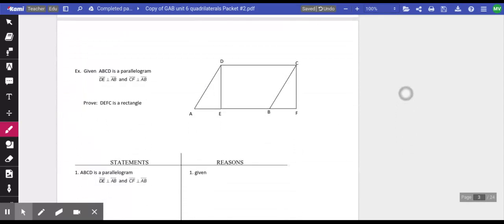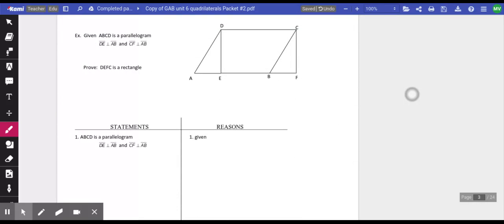So number 2, our next example, says that we know ABCD is a parallelogram, and we know DE is perpendicular to AB, and CF is perpendicular to AB. And I want to show that DEFC is a rectangle.